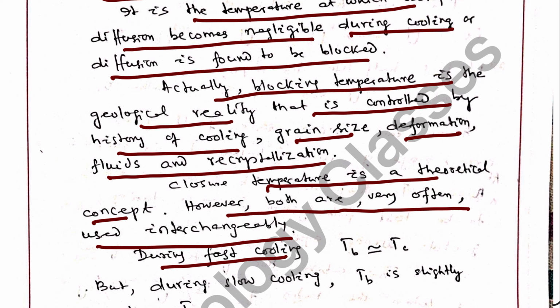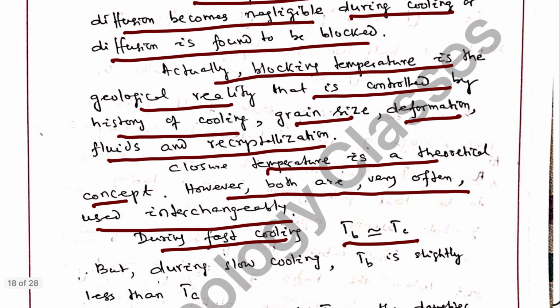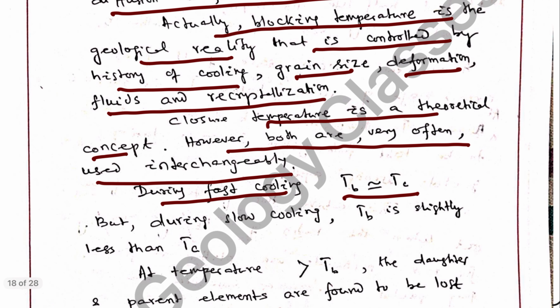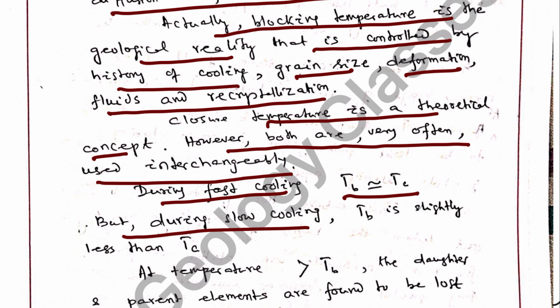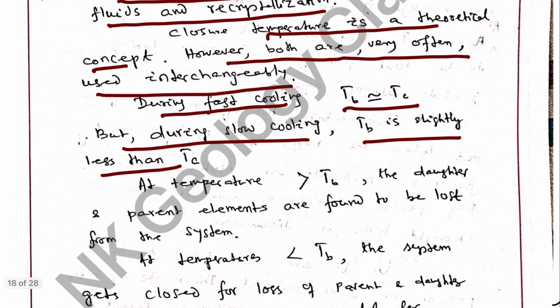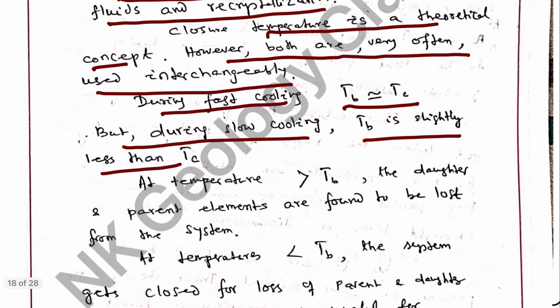During very fast cooling, Tb is equal to Tc. Closure temperature is equal to blocking temperature. But during slow cooling, Tb is found to be slightly lower than closure temperature.